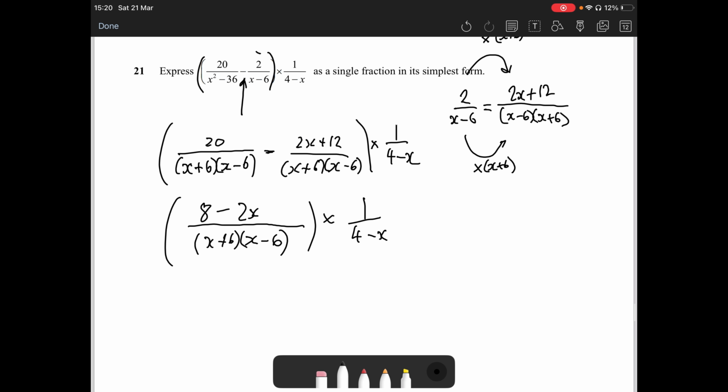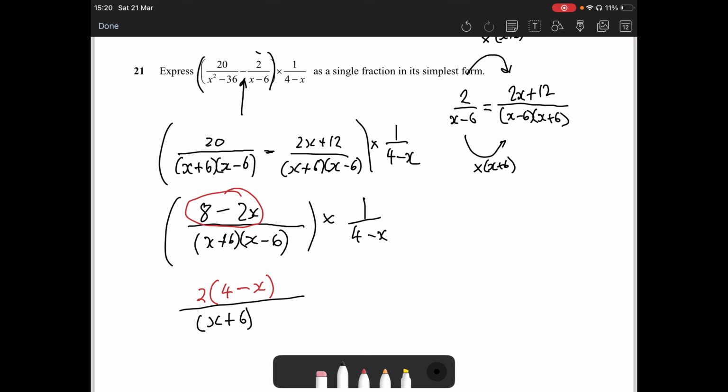Now, I'm going to factorize the numerator. Because they're both even, I'm going to write this as 2 bracket 4 minus x. And I wonder if you noticed something.